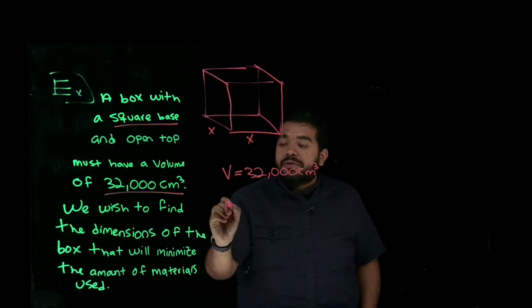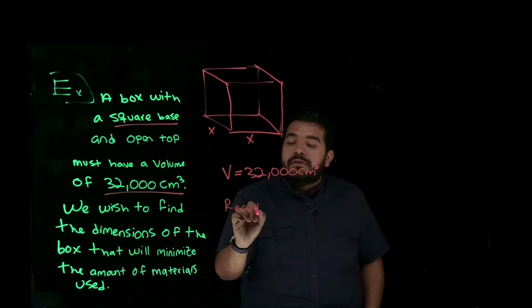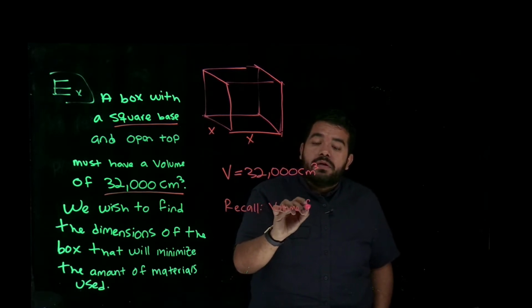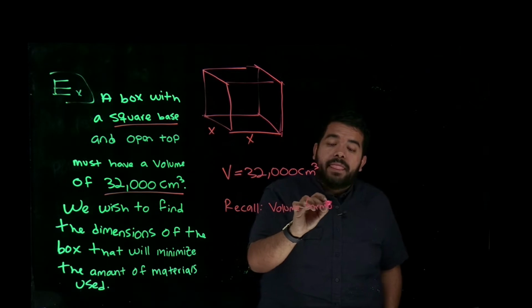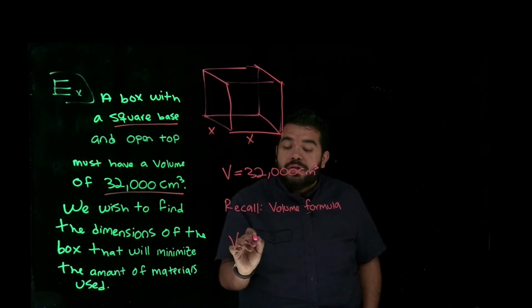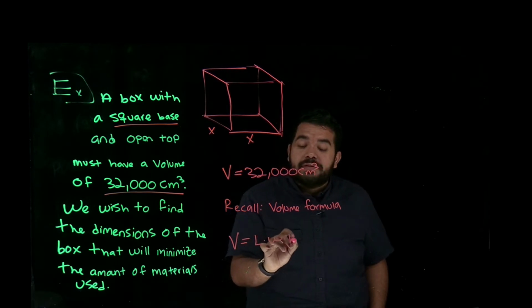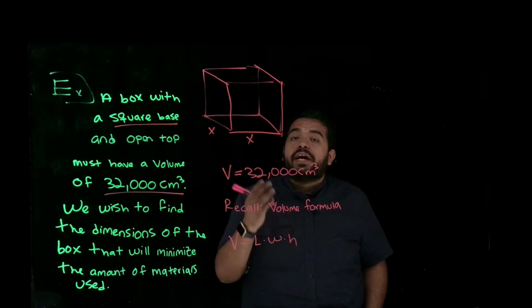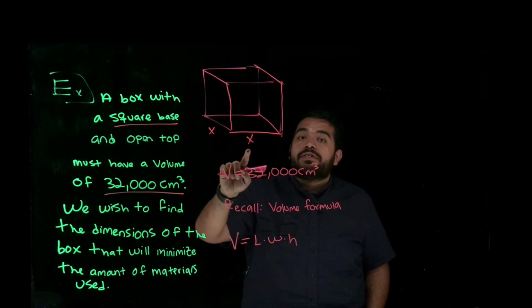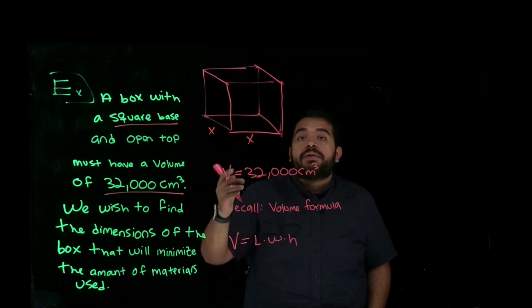Now, if you guys remember, I'll go ahead and recall the volume formula. For a figure like this, it's going to be V is equal to length times width times height. Well, we know that our figure is a square base. So that means the length and the width is going to be the same. Well, what about the height?